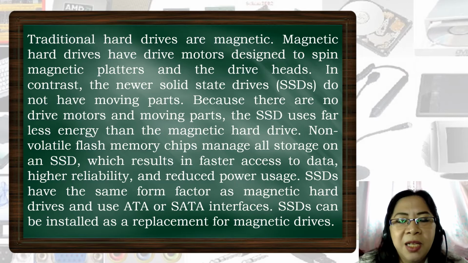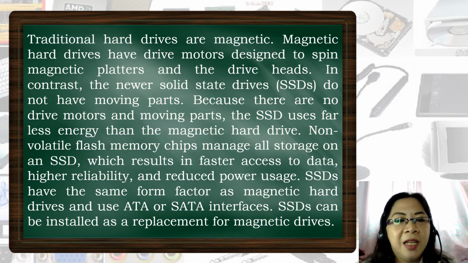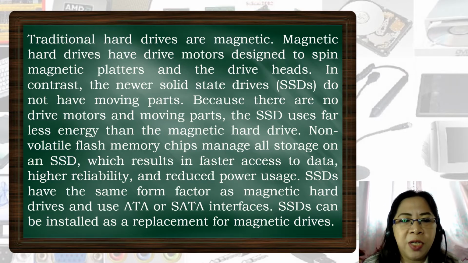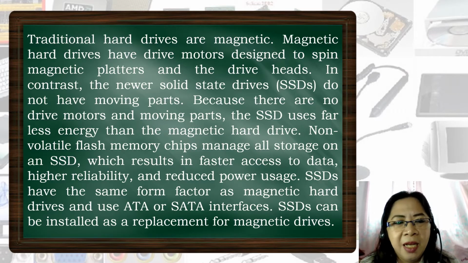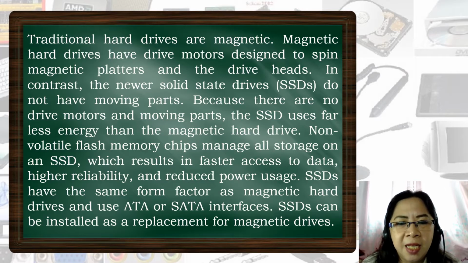Traditional hard drives are magnetic. Magnetic hard drives have drive motors designed to spin magnetic platters and the drive heads. In contrast, the newer solid-state drives or SSDs do not have moving parts. Because there are no drive motors and moving parts, the SSD uses far less energy than the magnetic hard drive.